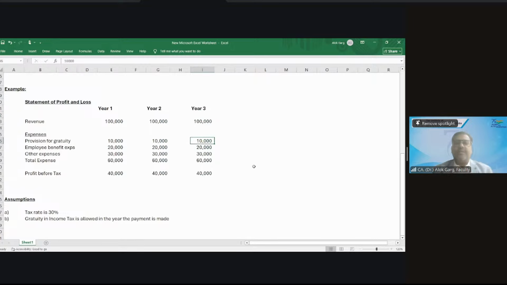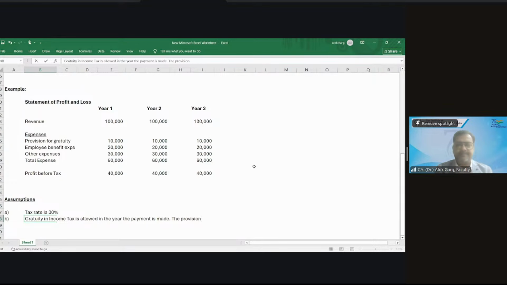Same numbers are there in year 3, but some other information is given. Gratuity in income tax is allowed in the year the payment is made, and the provision on gratuity for year 1.